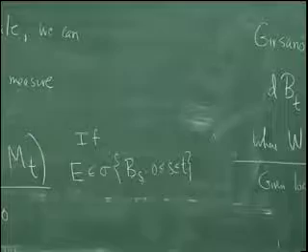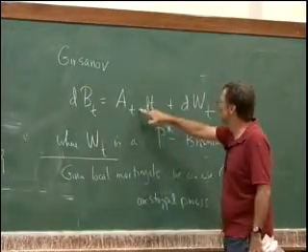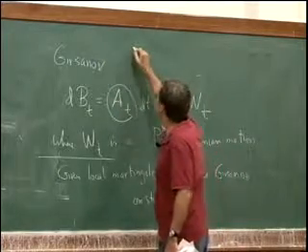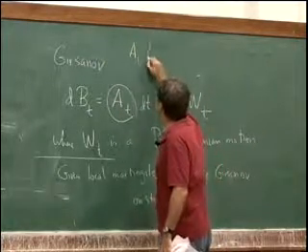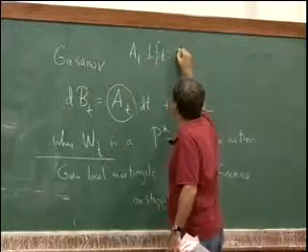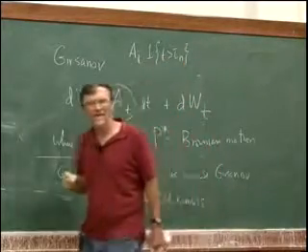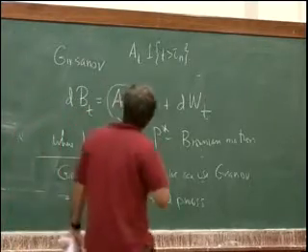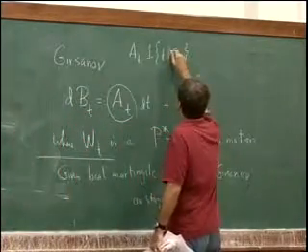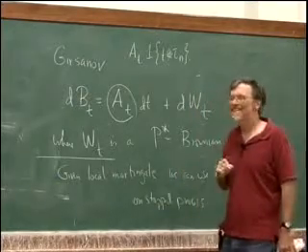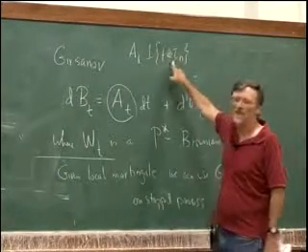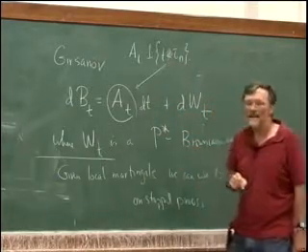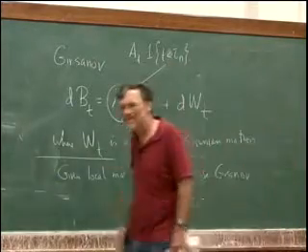What you really get here is A_t times the indicator that t is less than tau_n, so as long as we haven't stopped yet. So you really need to replace it with that, but other than that, it's the same.